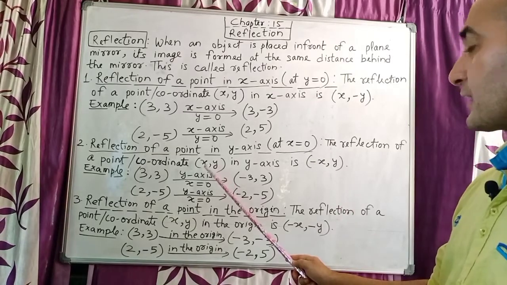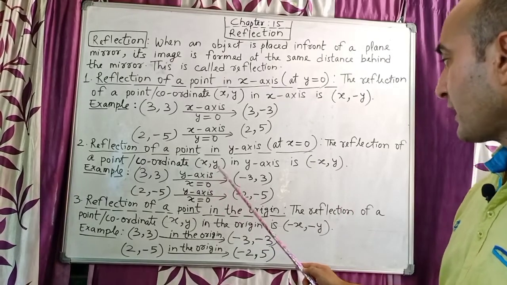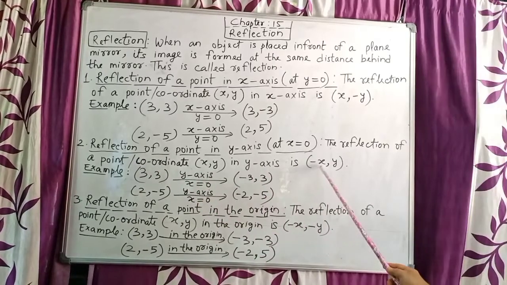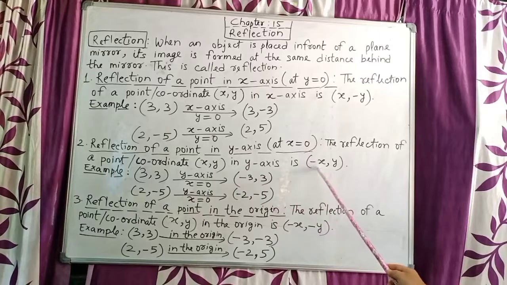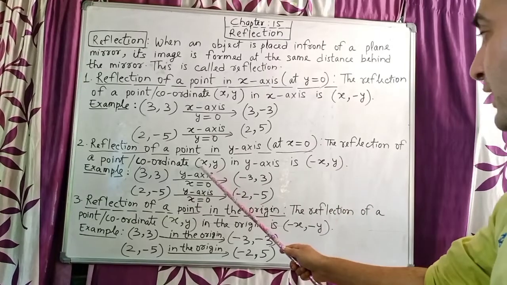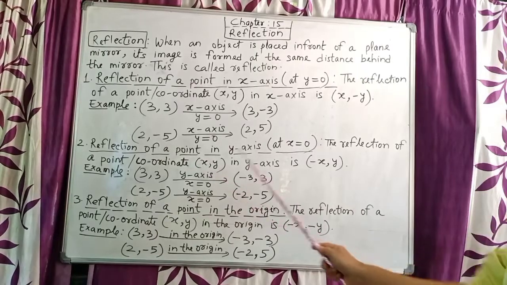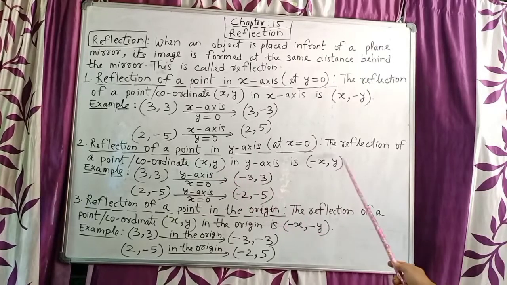So the name of the point is x comma y, and when it is reflected in the y-axis, it becomes minus x comma y. That means the first value changes, the second value doesn't change. The first value plus became minus, but the second value is unchanged.